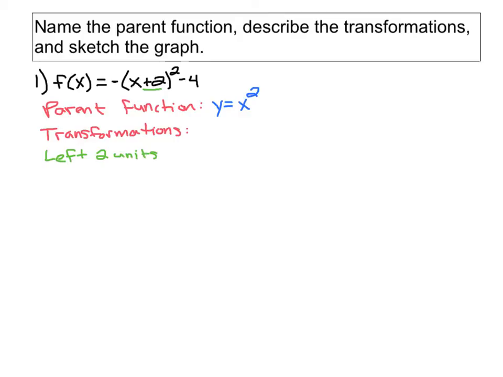This subtraction on the outside is saying it's down 2 units. Oh, down 4 units, sorry. And this negative being multiplied on the outside, that is describing a type of flip because it's a negative number being multiplied. Now that's on the outside, that's going to be an x-axis flip.